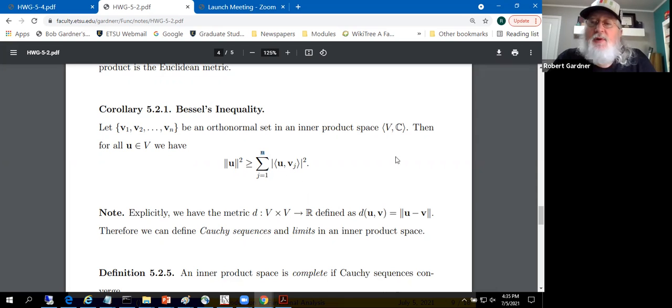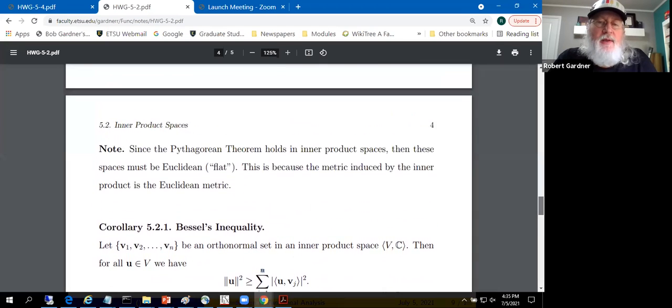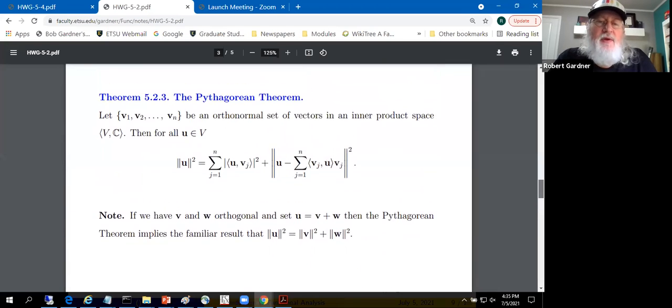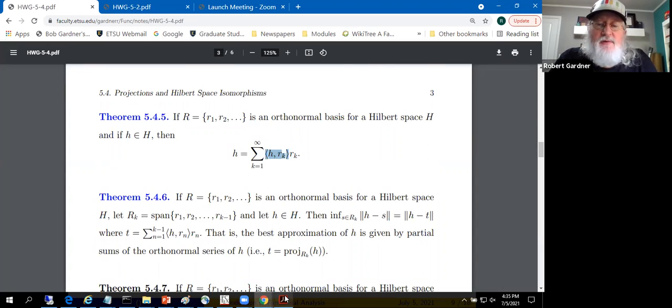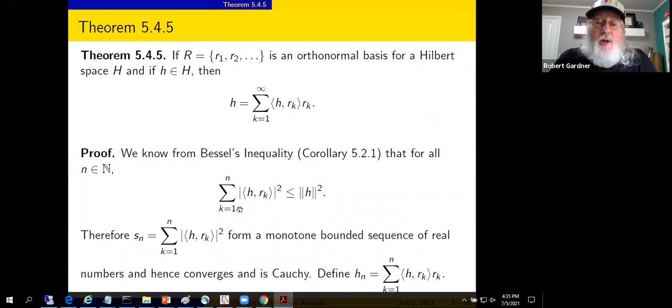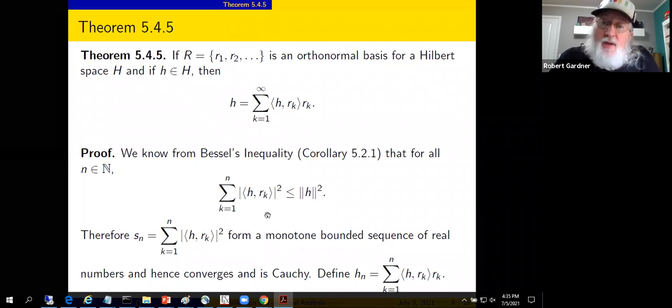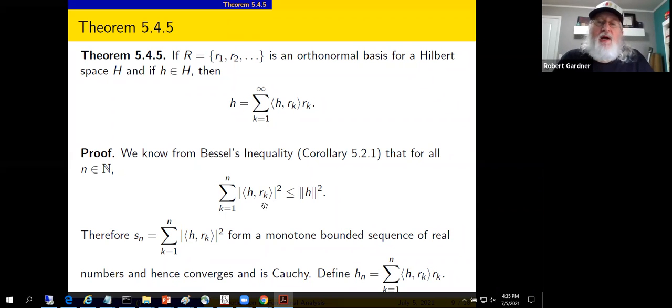So this is exactly what we said. Notice Bessel's inequality is a corollary to the Pythagorean theorem, by the way. So Bessel's inequality gives us exactly that: the norm of the vector squared is greater than or equal to this finite sum of squares of moduli of inner products.